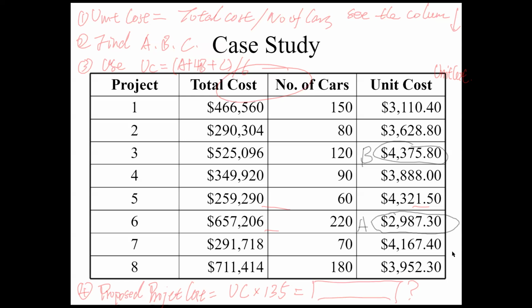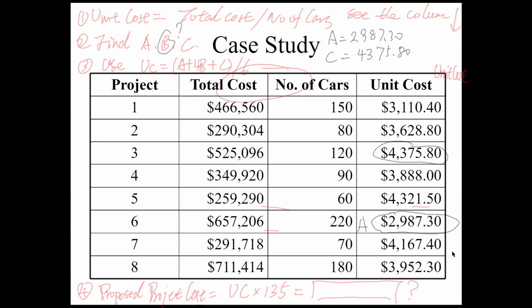So you can write it down. A is equal to 2918.3. And C is equal to, sorry, here is C, not B. You're right. This is C. C is equal to 14375.8. So how to find B?